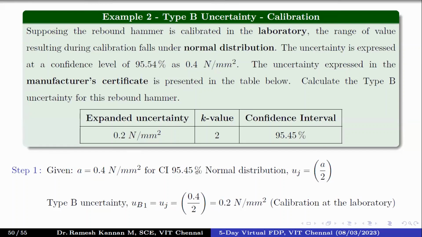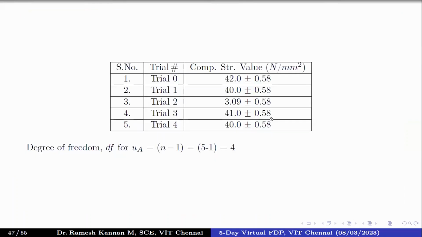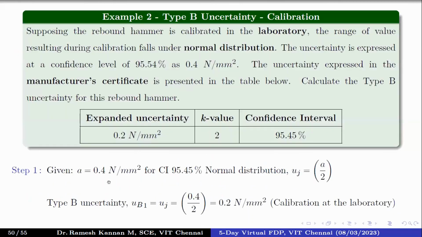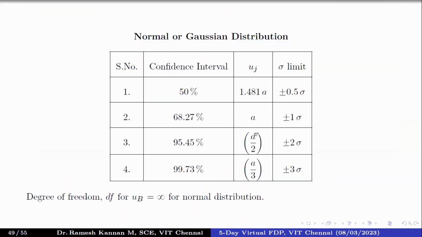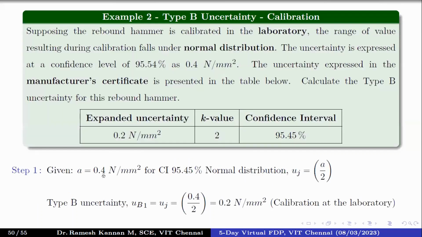So say for this example, for me, when I test, the uncertainty comes around 0.4. In this example, I got 0.58. Say, for example, I'm getting 0.4 for 95.45% confidence interval at the normal distribution. And for the normal distribution, we'll get the value of a by 2, where a is equal to 0.4. So the type 2 uncertainty or type B uncertainty will give something around 0.4 divided by 2, which is 0.2.